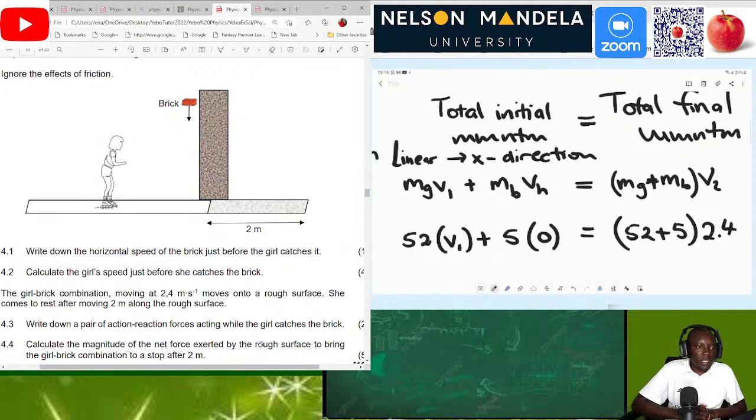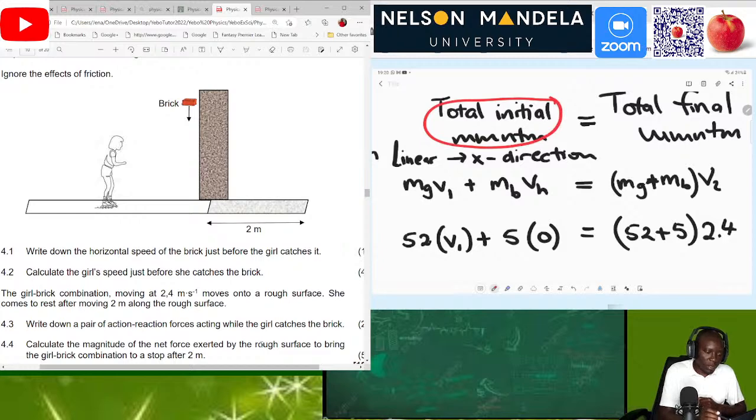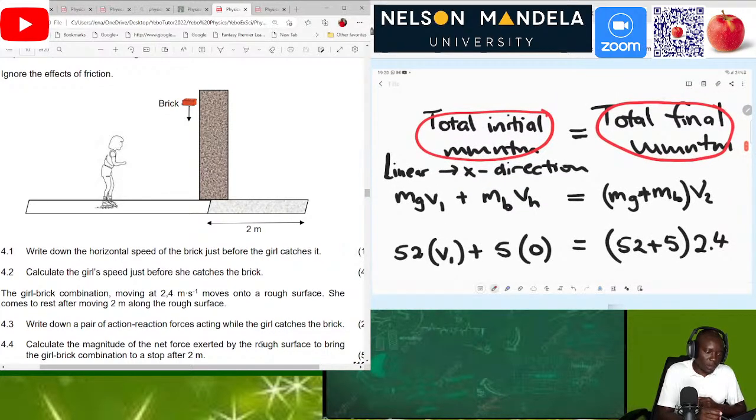And this speed, we said we find it by considering conservation of momentum, where the total initial momentum will be equal to the total final momentum. By total initial momentum, we're saying the sum of the momenta for the girl and the brick, momentum being mass times velocity, and remember momentum is also a vector.